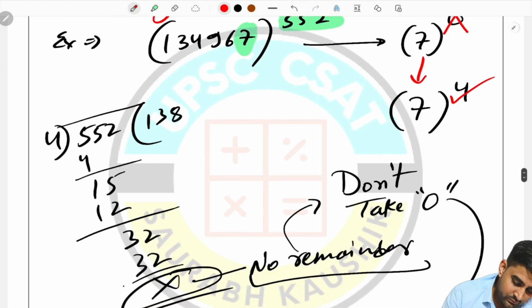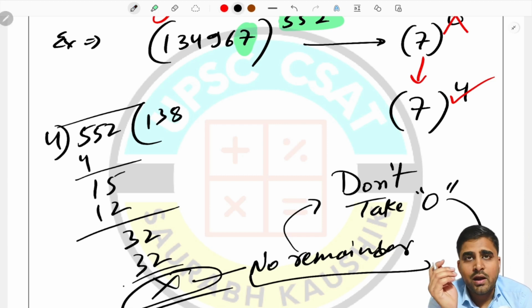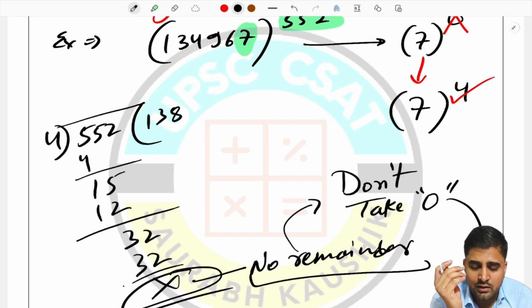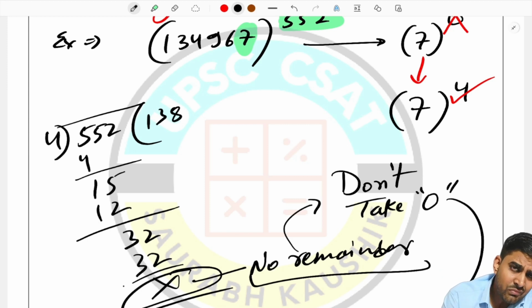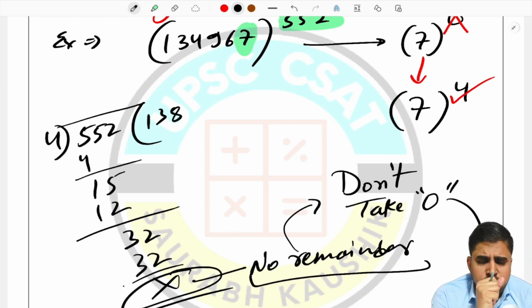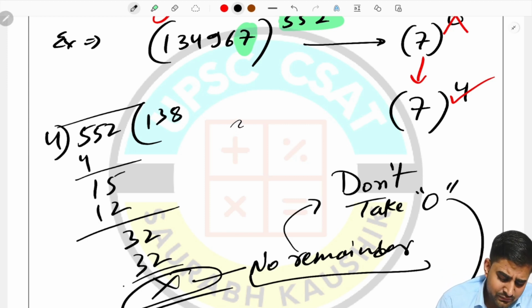Okay, how will you calculate this power? Sir, I do not know the square. I do not know the cube. How can I know the power of 4? Who cares? 7 square is 49. I just need the unit digit.